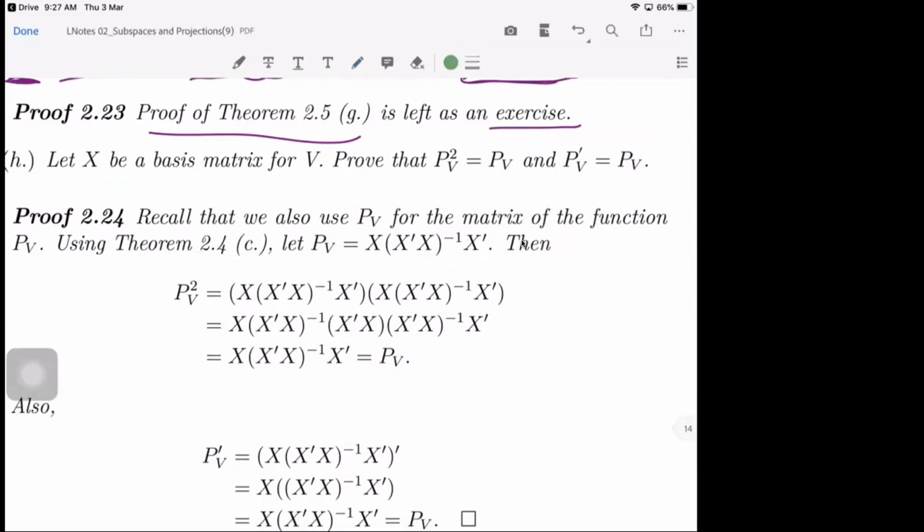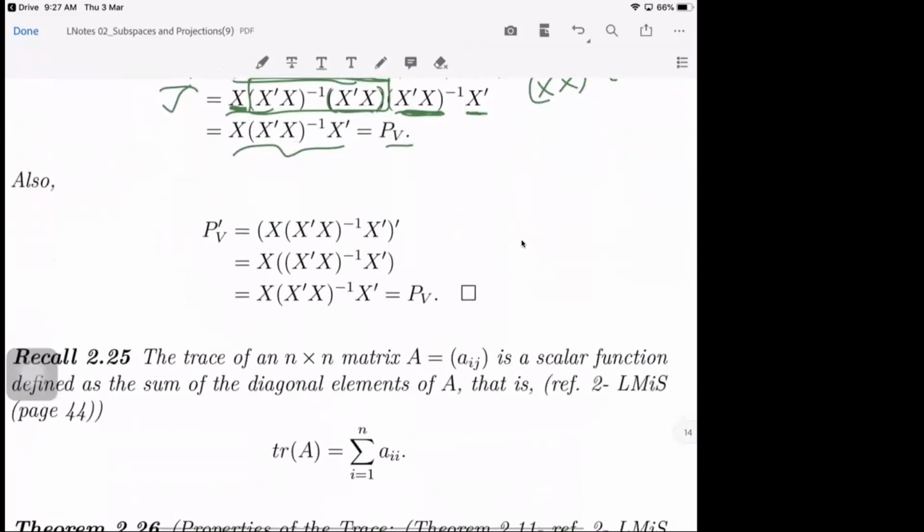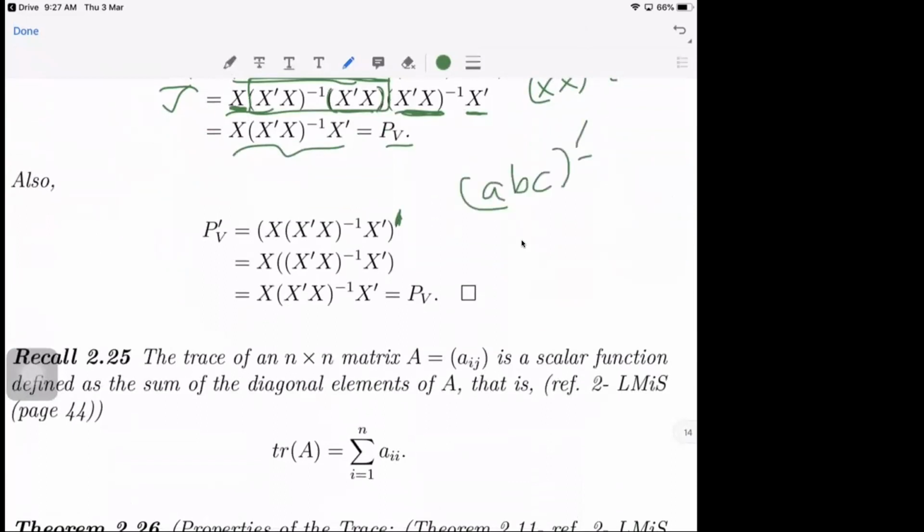So if we also get the transpose here, again, recall ABC transpose is equal to C transpose, B transpose, A transpose. That is a property of your transpose.